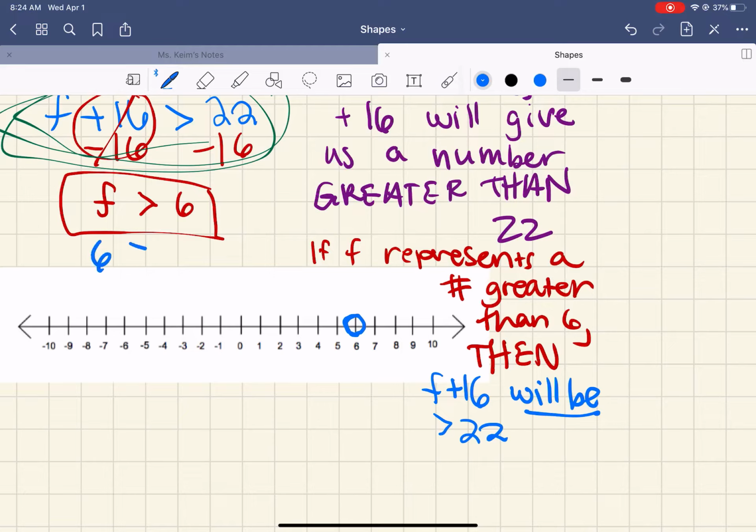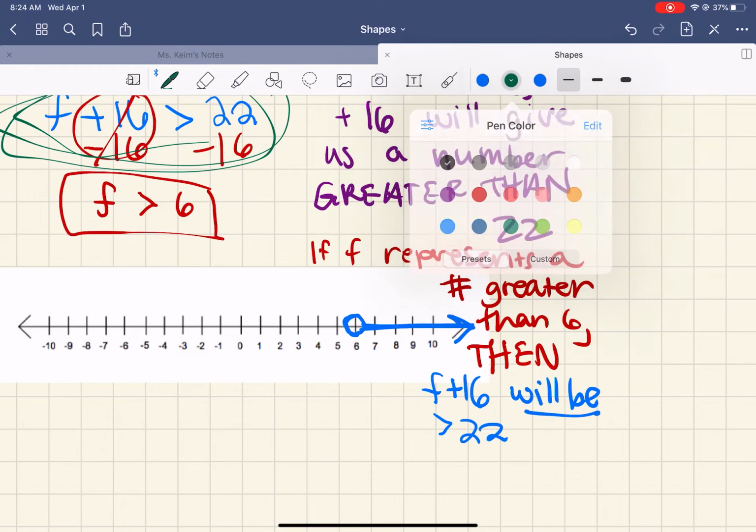If I replace f with 6, I have the statement 6 is greater than 6. That is not true. So we are going to use an open dot because 6 is not included in our solution set. And then the only thing we have left to do is to draw an arrow to show all of our possible solutions. f is all of the numbers greater than 6. So I'm going to draw an arrow to show all of the numbers greater than 6.